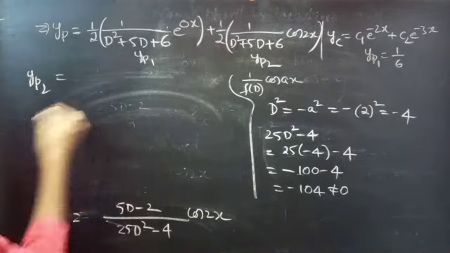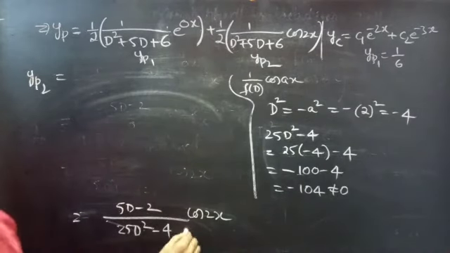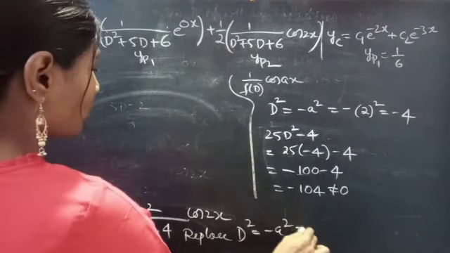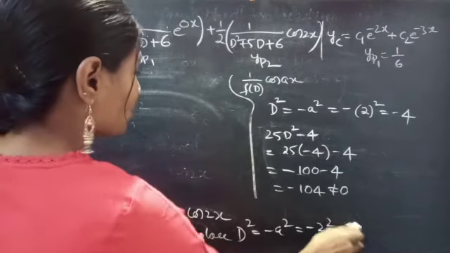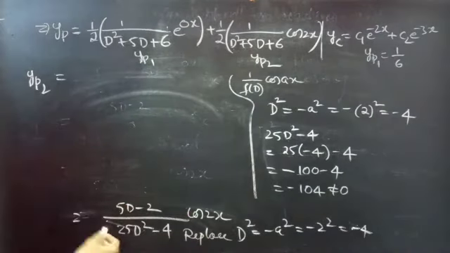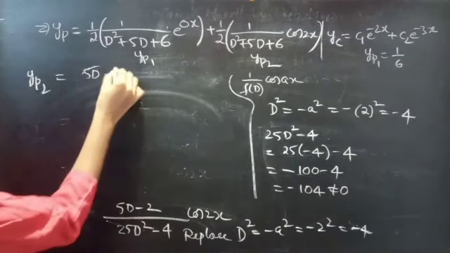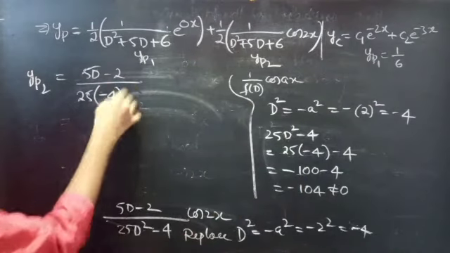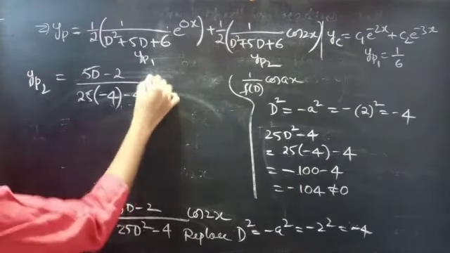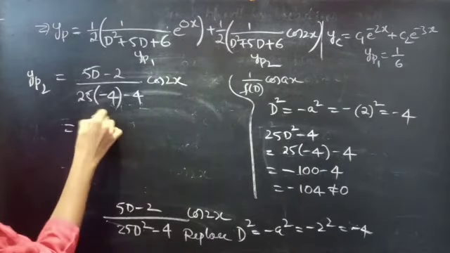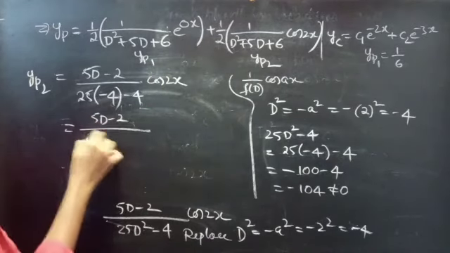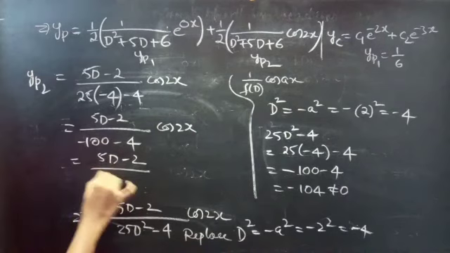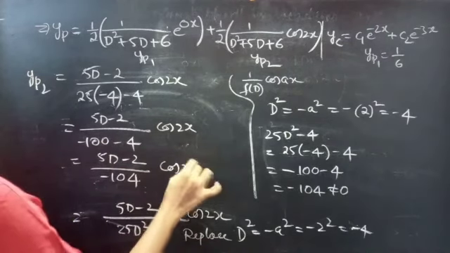Now we'll replace D² by -a², which is -2², equal to -4. Then this becomes (5D - 2)/(25(-4) - 4) cos 2x, which equals (5D - 2)/(-100 - 4) cos 2x, which equals (5D - 2)/(-104) cos 2x.